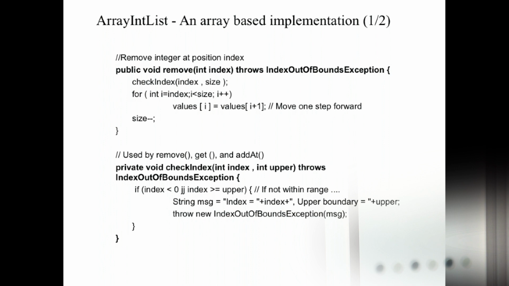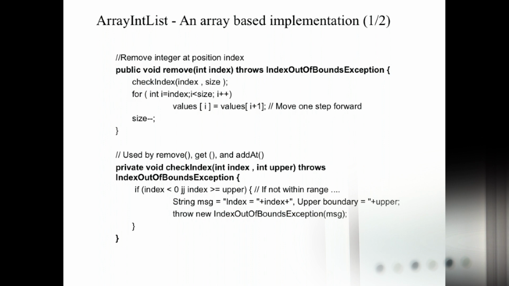For example, if you have a really large list with thousands of elements or 500 elements, and you remove the element from the front, then you have to move all those different elements by one position. And the same goes if you want to add a new element over here.